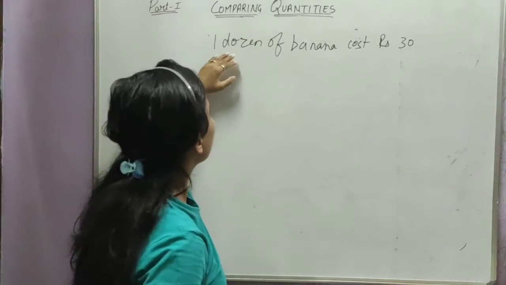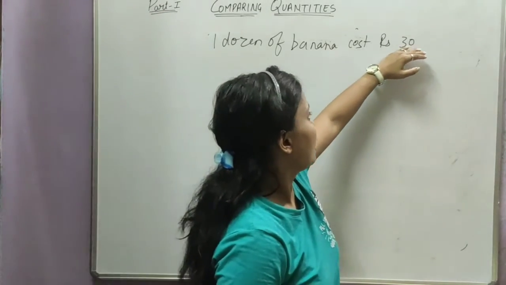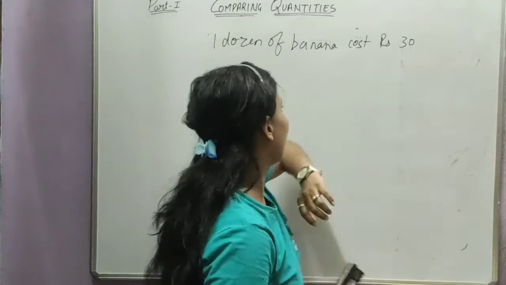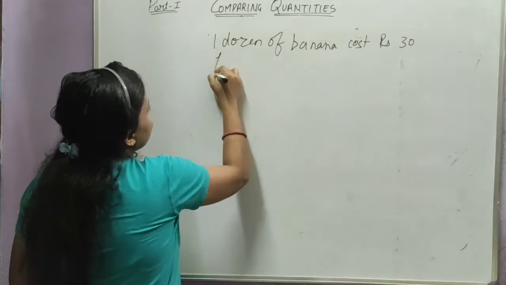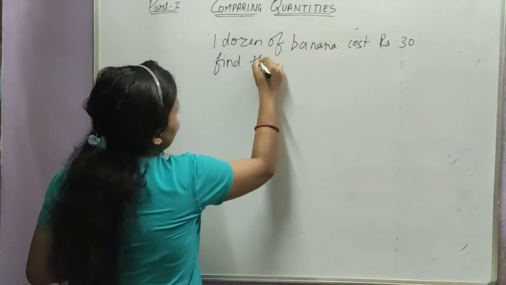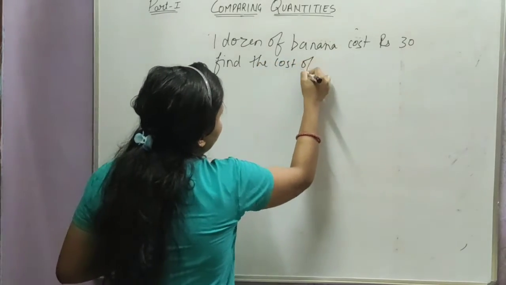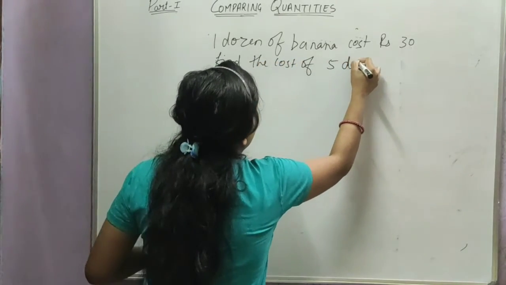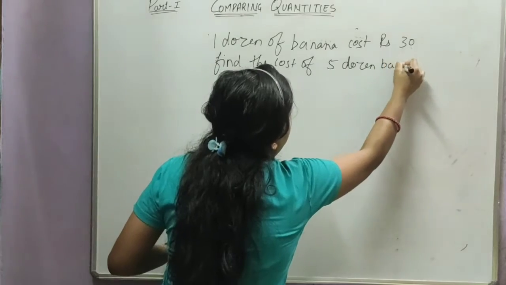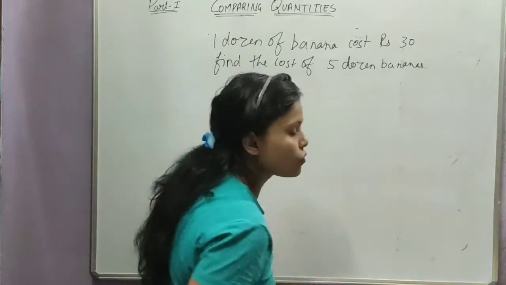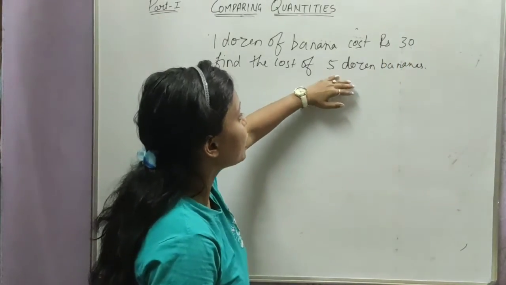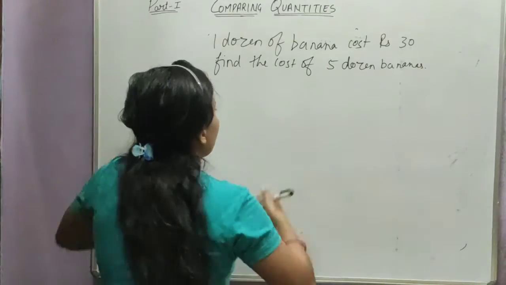What is given? 1 dozen of banana costs rupees 30. Okay. Now find the cost of 5 dozen bananas. So we need to find out the cost for the 5 dozens. Okay.